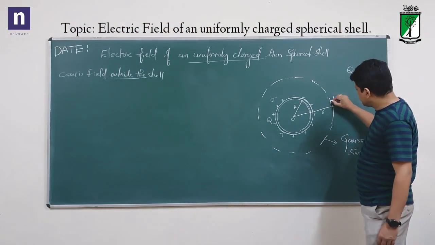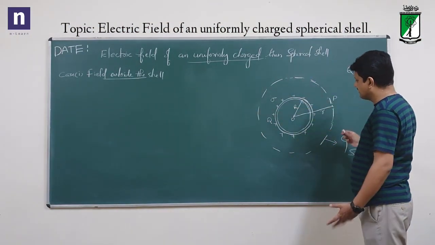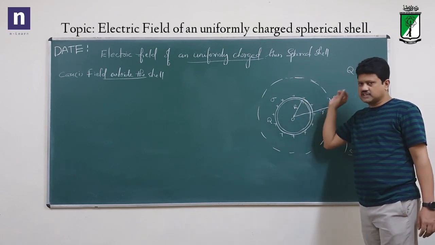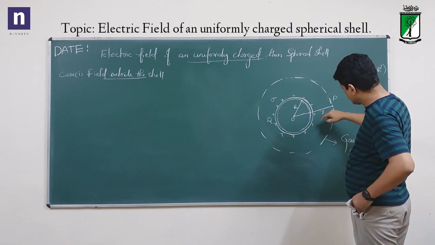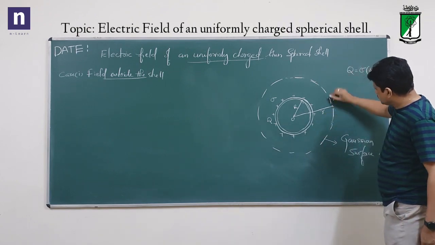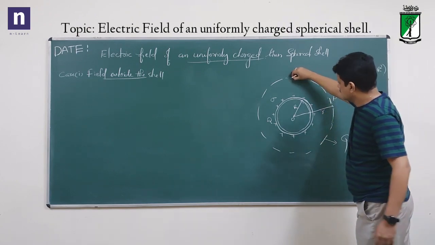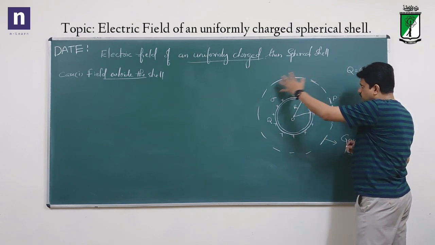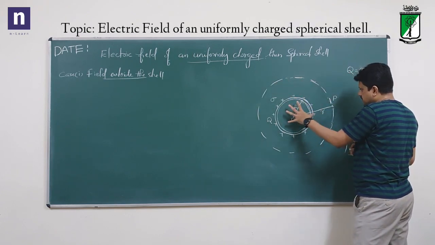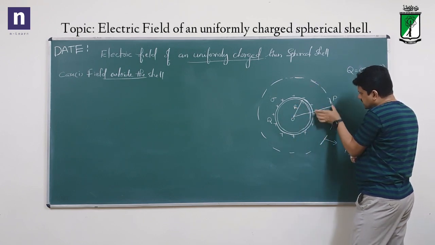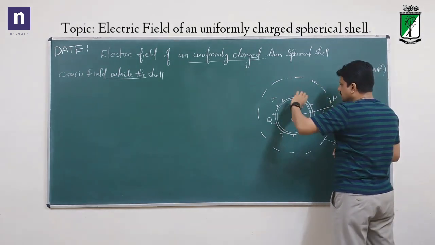See, any point on this surface is equivalent with respect to the distribution of charges here, because already I told you that they are concentric surfaces. So either you take this point or any point here, all these points are equivalent to this system of charges. From this system of charges, all these points are equidistant, and at the same time they are radial.